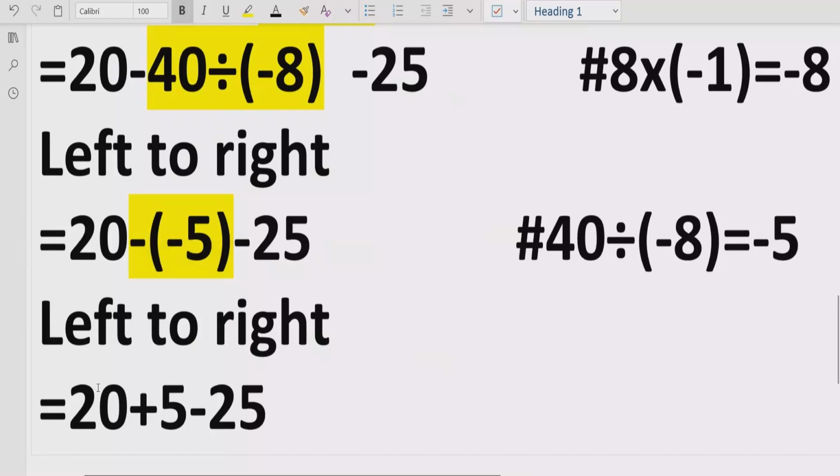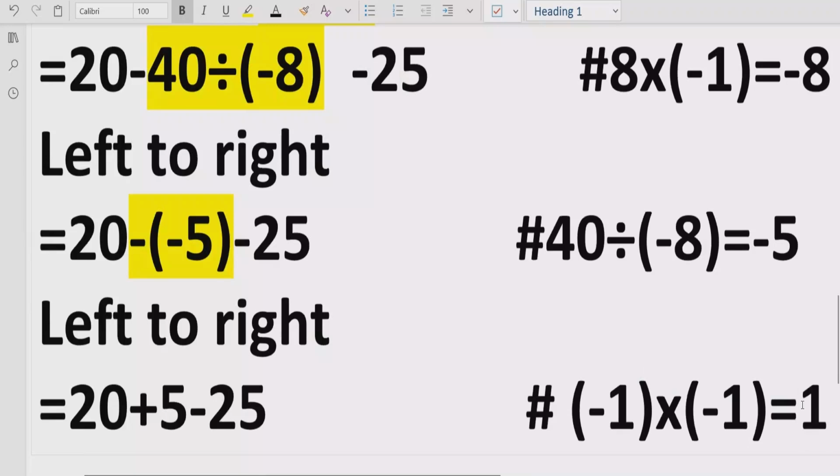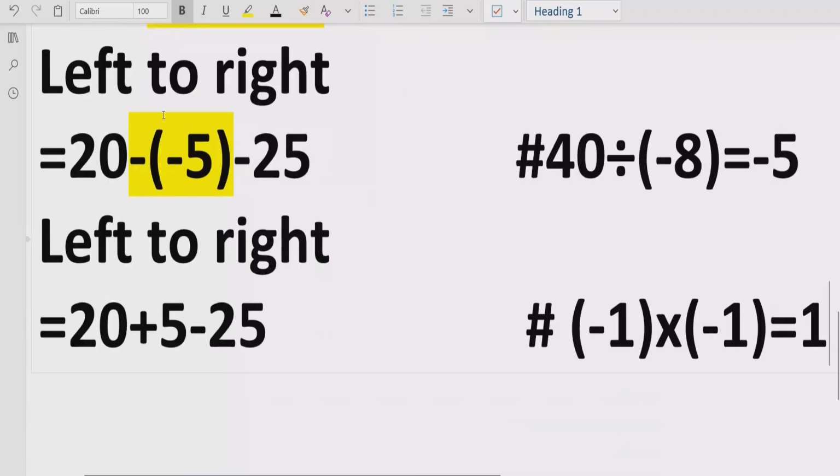If you know that if we have the minus sign and we are multiplying by minus, it becomes plus, because minus times minus is plus. So we have the minus 1 outside and we have another minus 5, so it becomes plus 5.